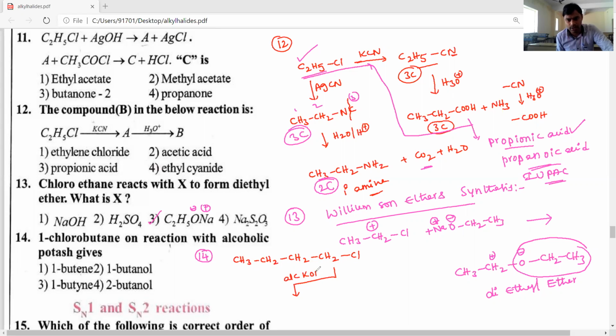Alcoholic potash means alcoholic potassium hydroxide. It is an elimination reaction. Okay, students, it is an elimination reaction. Loss of HCl, hydrochloric acid, means alpha and beta elimination reaction will take place.